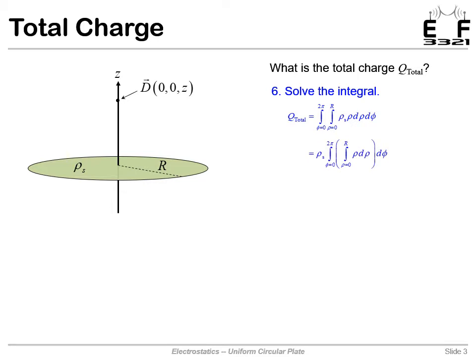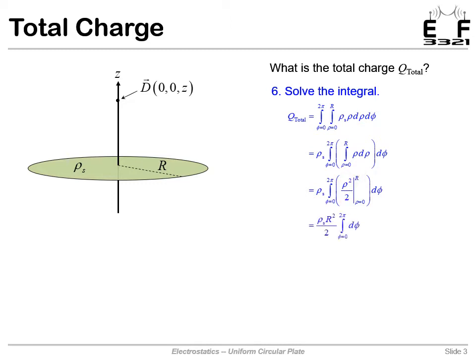The first thing we'll do is recognize that our surface charge density is a constant, and we can bring that to the outside of the integrals. Then we'll group together the rho integral and bring that inside of the phi integral. The phi integral will be easy. We integrate rho and end up with rho squared over 2, integrated from 0 to R. We evaluate this expression at R, then subtract that expression evaluated at 0.